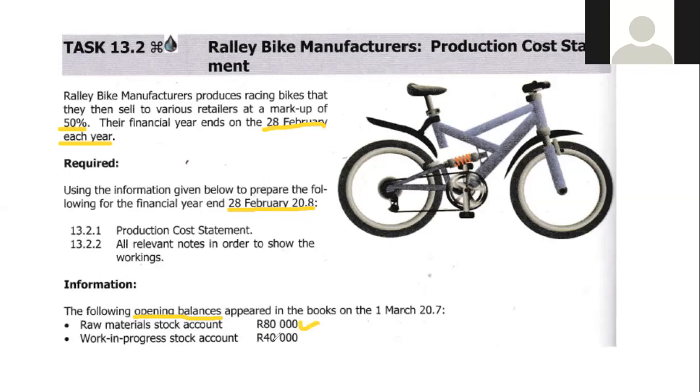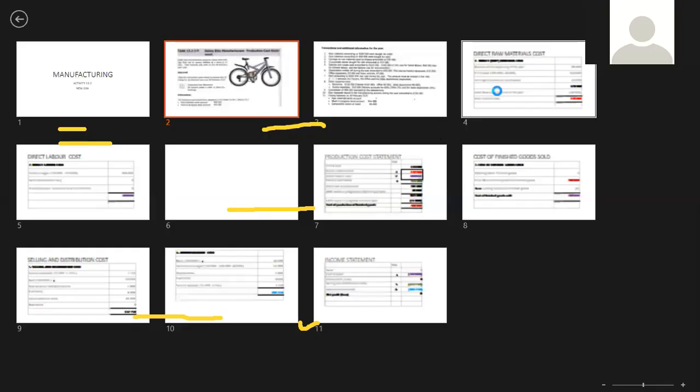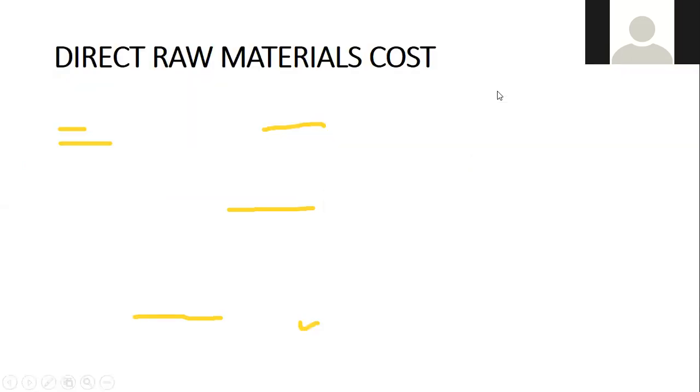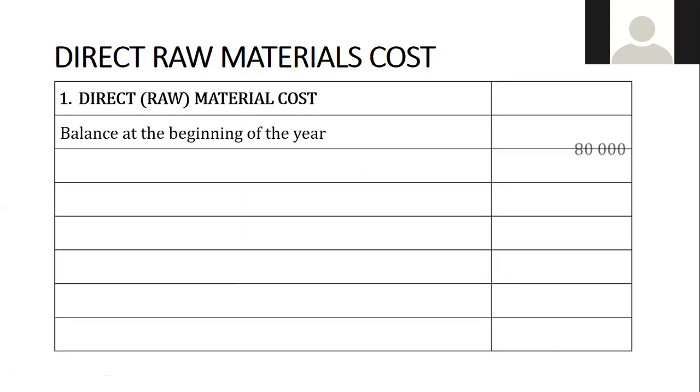So you're going to go to your direct material node, and in your direct material node, you will put that amount as balance at the beginning of the financial year. And this is the value. Are we fine with that 80,000?